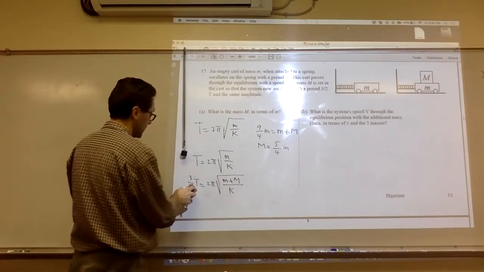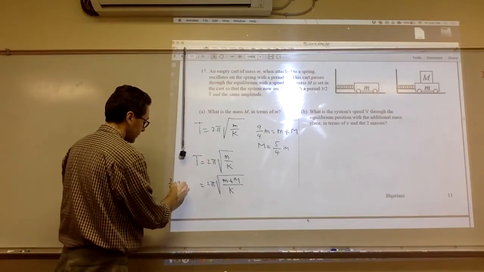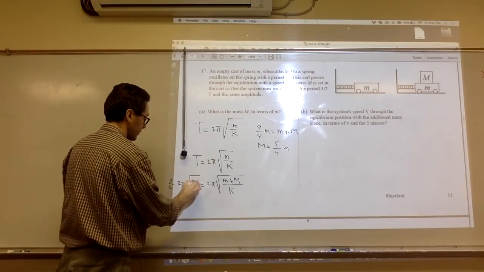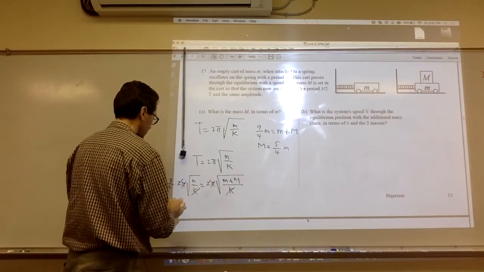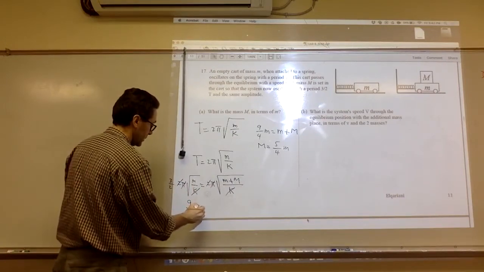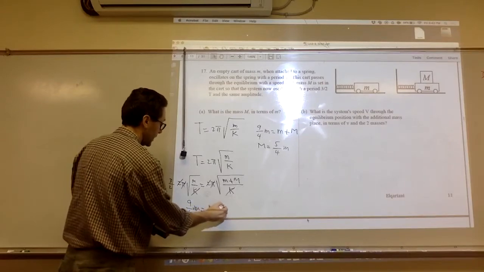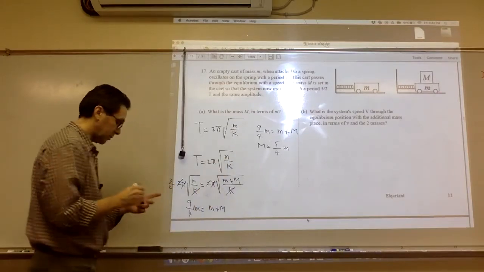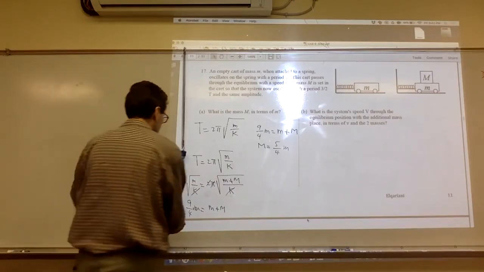You can just take this and put the T in there, and you can cross out a lot of stuff here. Okay, you can square, you get 9/4 equals 9/4 m equals m plus m, and that's what we established earlier. So if you can do the proportions, it's much better, much quicker.